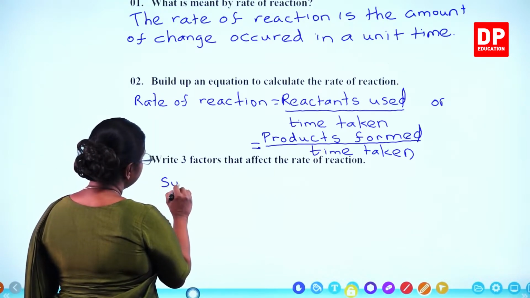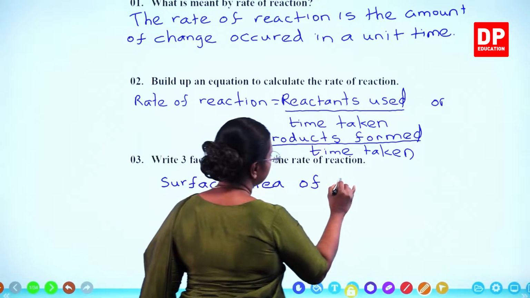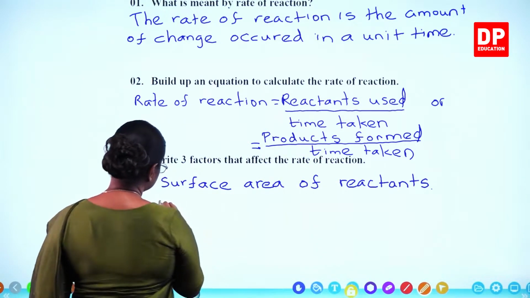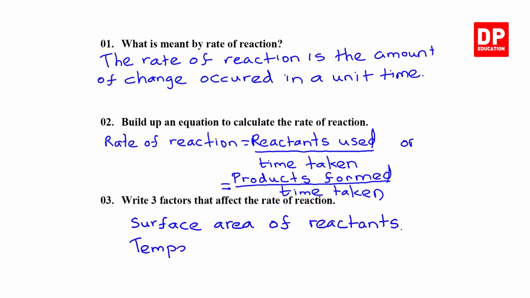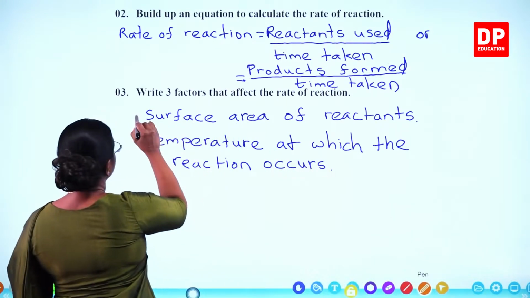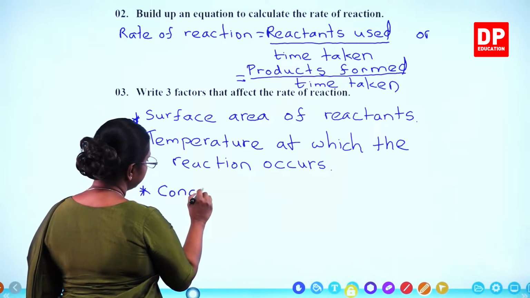We can say surface area of reactants, temperature at which the reaction occurs, and also, so this is one, this is the second one, then the third one, concentration of reactants.